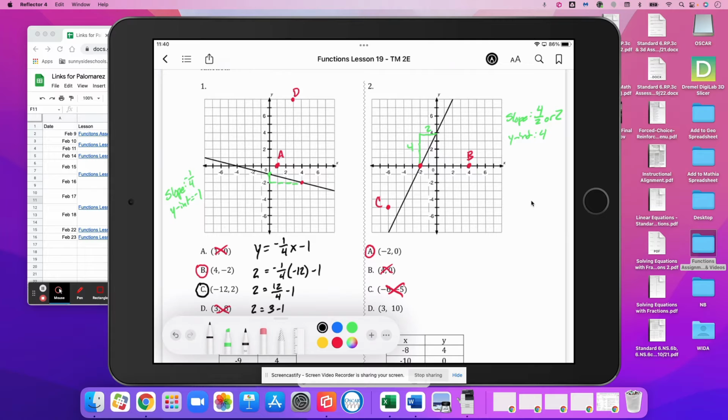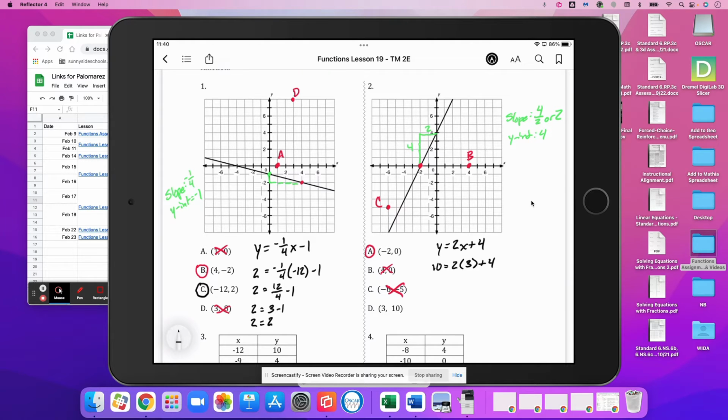So an equation for this one would be y equals 2x plus 4. So we got to test those points, the point (3, 10). So 10 is equal to 2 times 3 plus 4. 10 is equal to 6 plus 4. 10 is equal to 10. And so yes, D does satisfy the function.